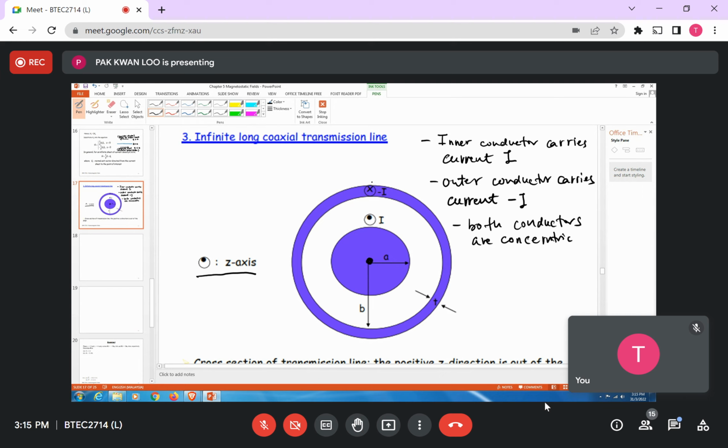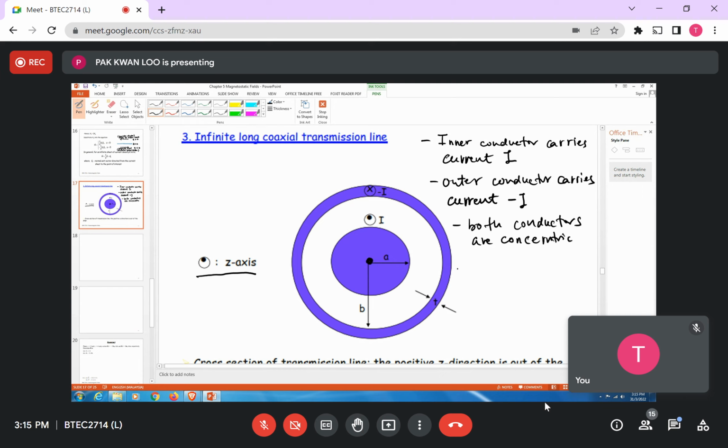This negative here means one is out of the page, which is the positive z direction, and one is into the page, which is the negative z direction. This is what it means.